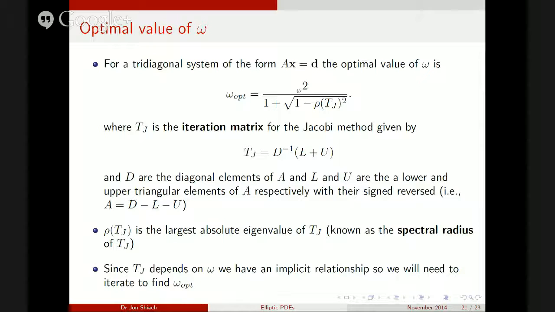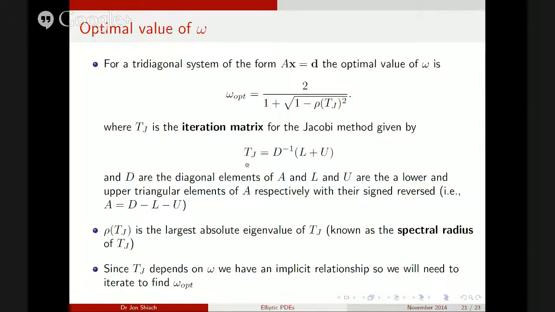So here we have a function, 2 divided by 1 plus the square root of 1 minus rho(TJ squared). Now TJ is what we call an iteration matrix, and TJ is the iteration matrix for the Jacobi method.